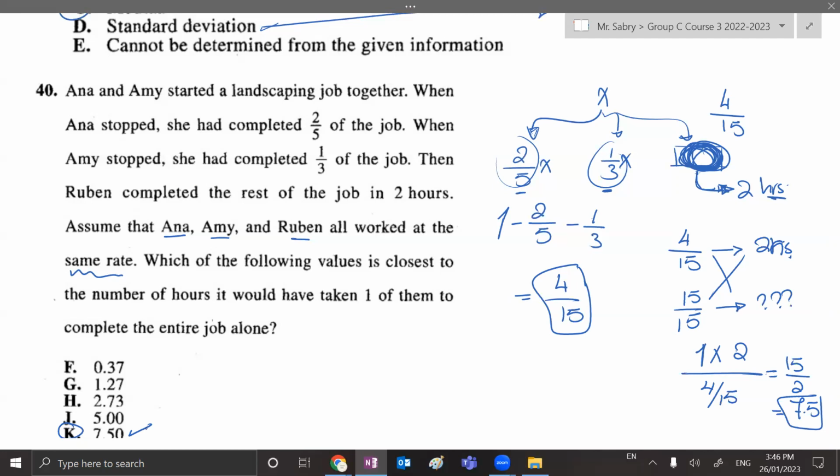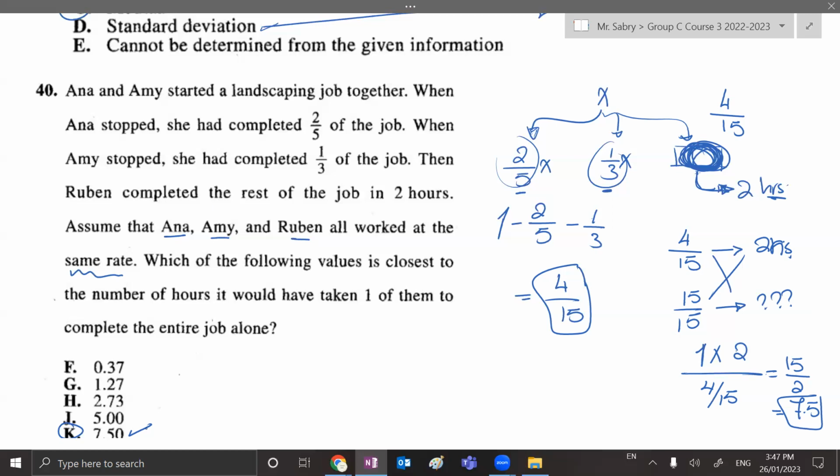So 40% in 2 hours, and 60% for we don't know how much time. So I just cross multiplied. We have 40% in 2 hours, and 100%, and then X. So I cross multiplied that, and I got 5. So my question is, how did you get the 40? Because the 40% doesn't add up, right?